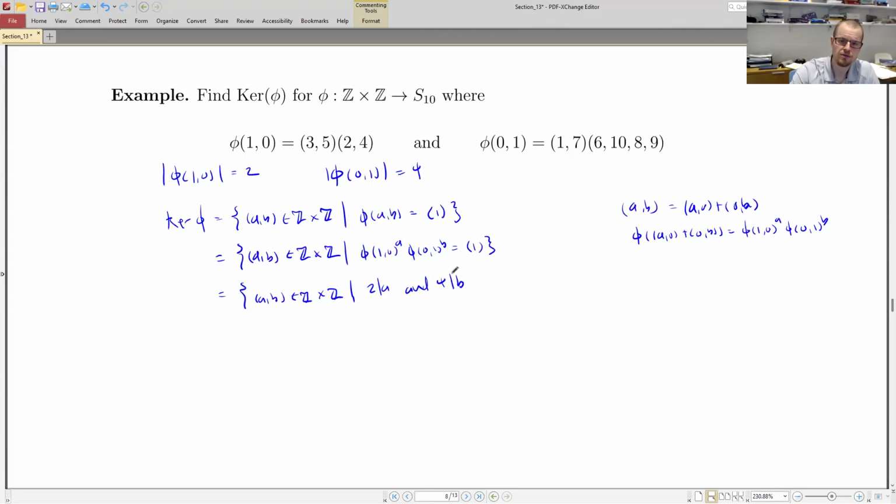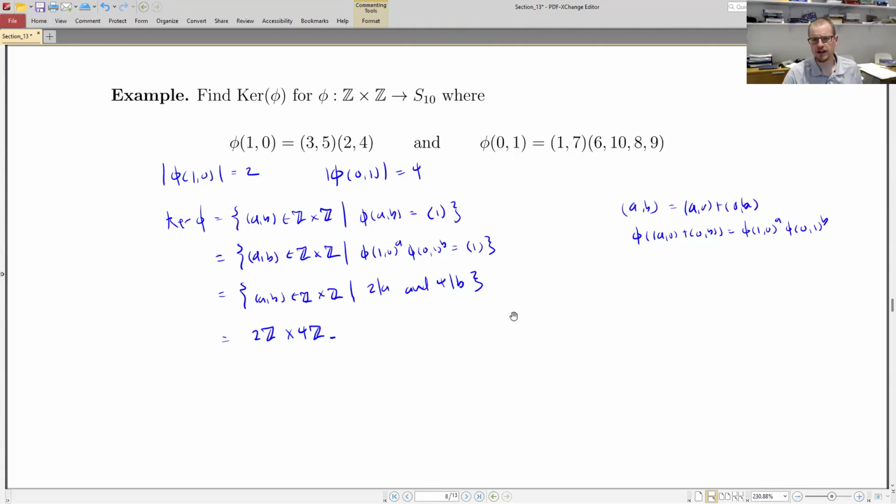It's a nice way to write it, which allows us to recognize that we're looking for the things (a, b) where a comes from 2Z and b comes from 4Z. So this is just 2Z cross 4Z. Cool. That is the kernel.